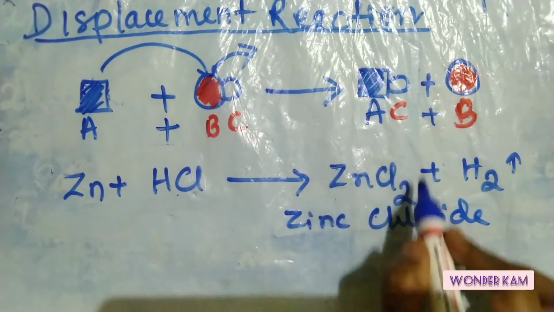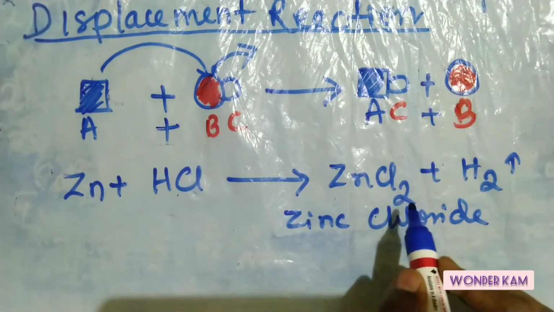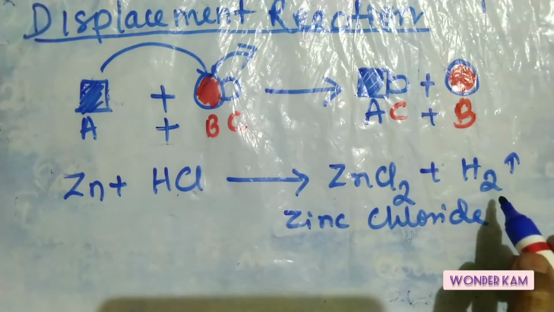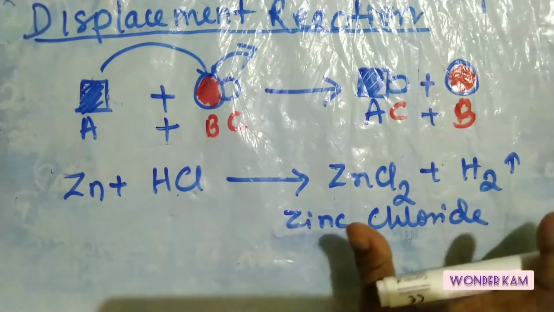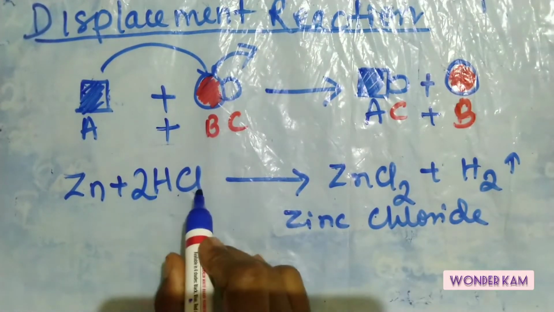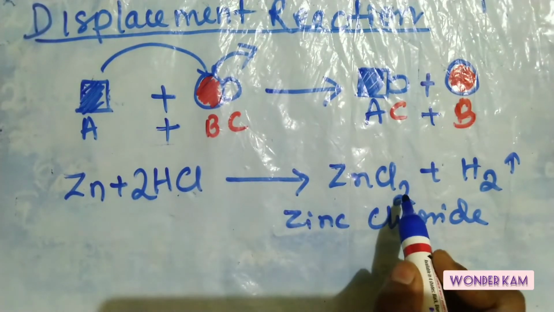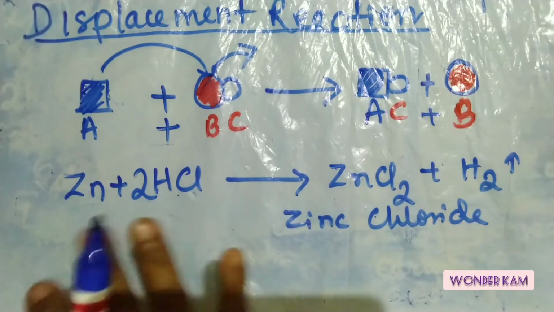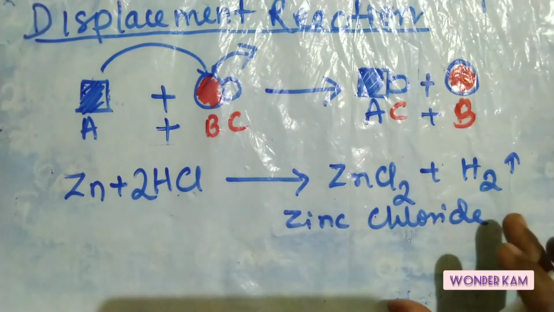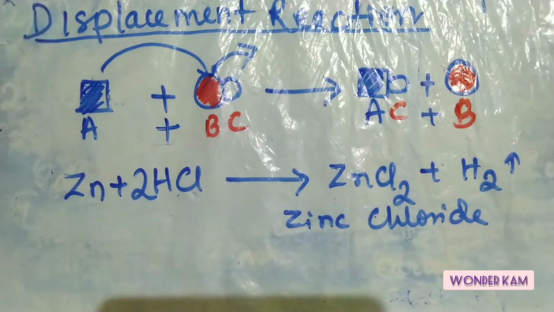I hope you are getting how to write the formula of zinc chloride. Now we have to balance it. Here there are 2 hydrogens, so we put 2, and chloride becomes 2. Zinc is 1. So now this is balanced. This is another example of a displacement reaction.